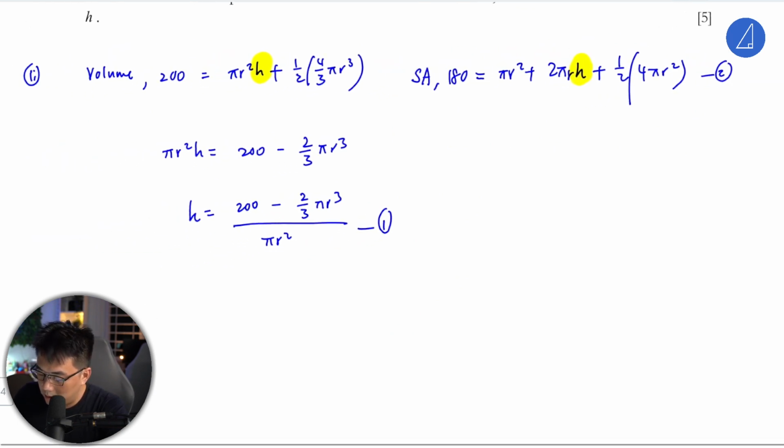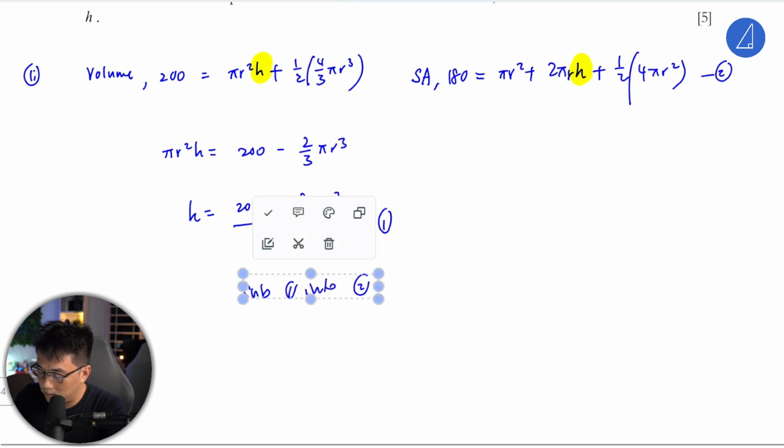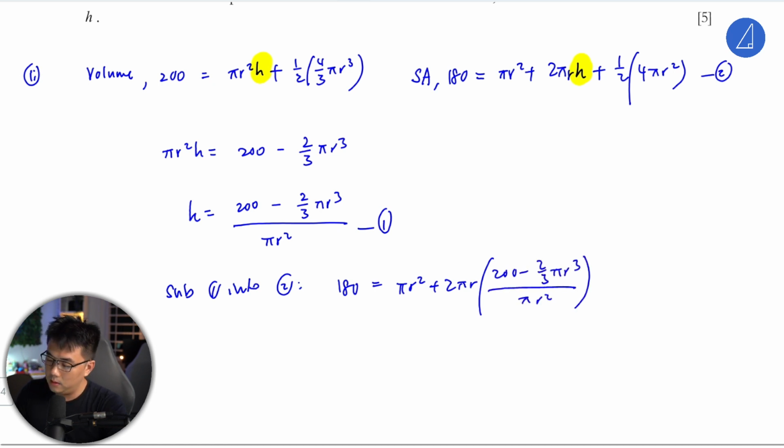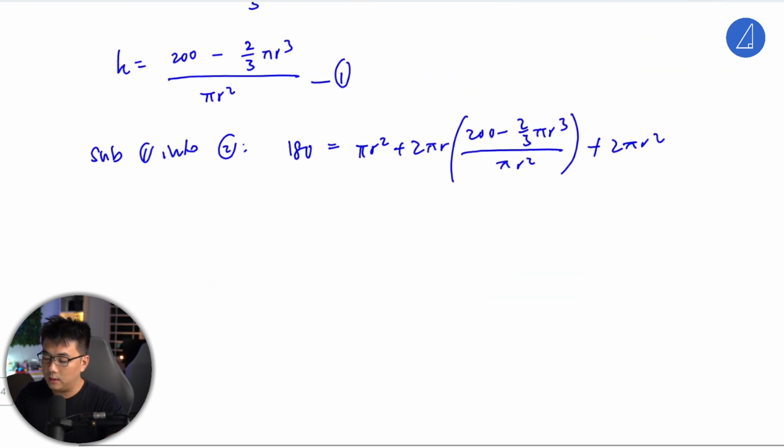So 180 equals pi r square plus 2 pi r h, which is 200 minus 2/3 pi r cube over pi r square, plus 2 pi r square. Right, that's about it. So cancel it out.